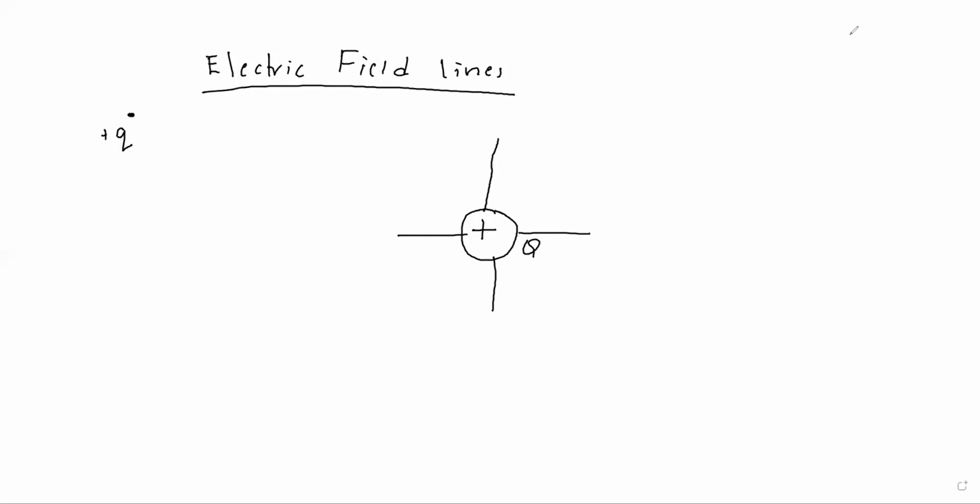Let me draw the diagram very neatly. I'll try to draw it neat, because with this digital pen I cannot draw it that neatly. So let us consider the positive charge Q. As we consider the positive charge, the electric field will be in the outward direction.